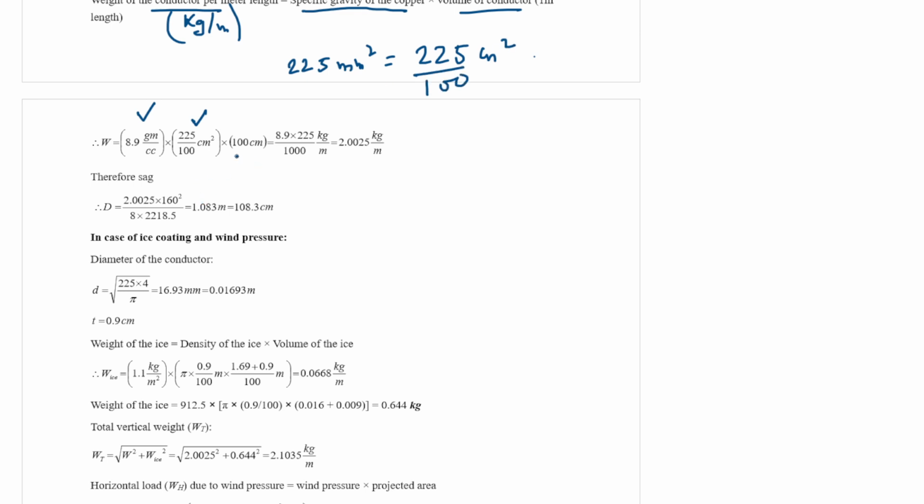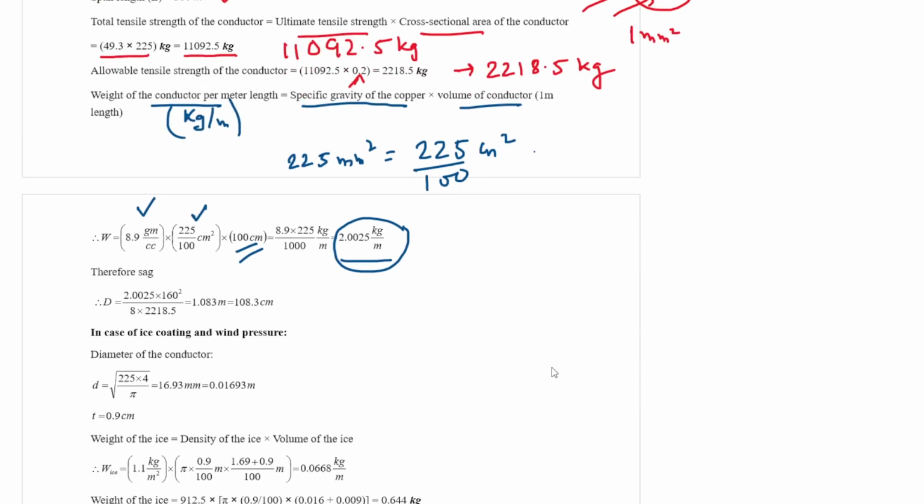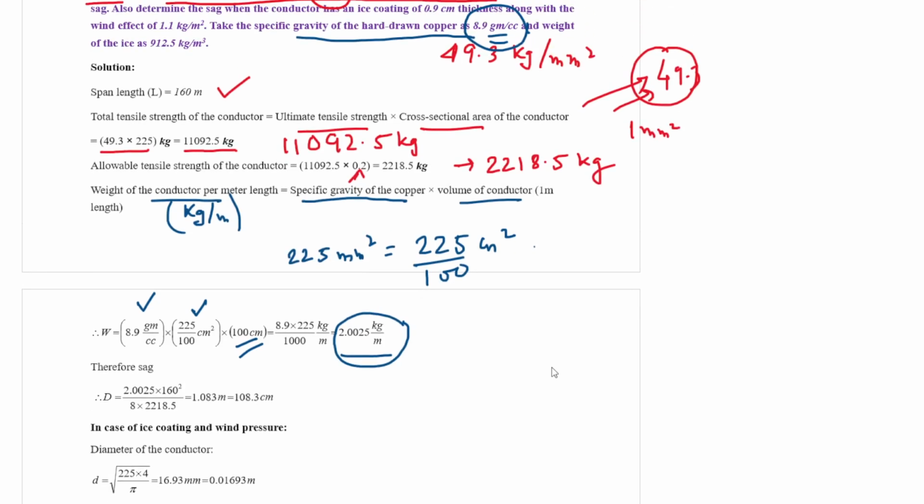Now into 100 centimeter you need to multiply, to count this for the entire length. So it will come around 2.0025 kg per meter. Why this 100 centimeter? Because the weight of the conductor you should consider in kg per meter.